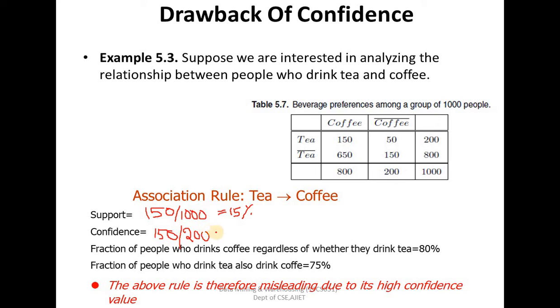We get 75%. Now, after calculating the support and confidence for this rule, we may see that this is a strong rule because it has a support of 15% and a confidence of 75%. So, we may observe that this might be a strong rule.